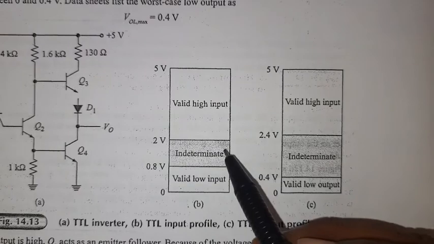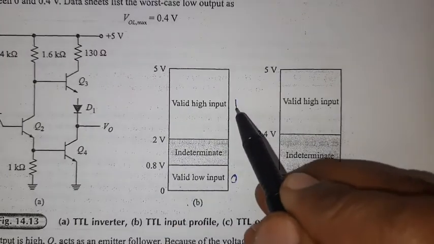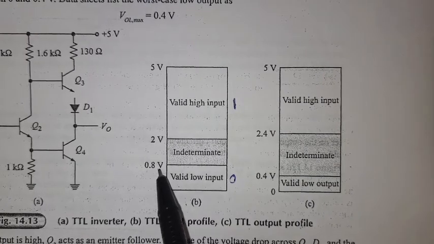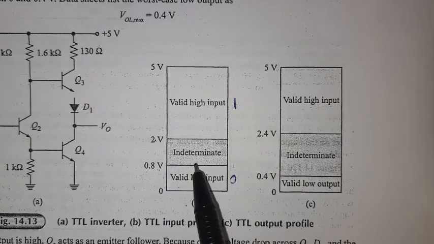If the input voltage is greater than 2 volt and up to 5 volt, it is logic 1. And 0.8 volt to 2 volt is the forbidden region for the TTL device input.